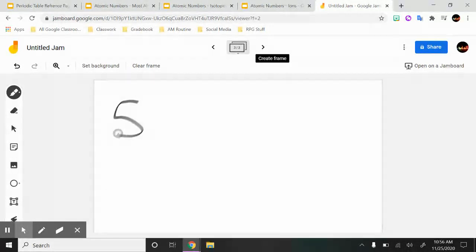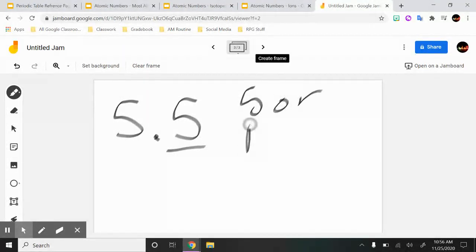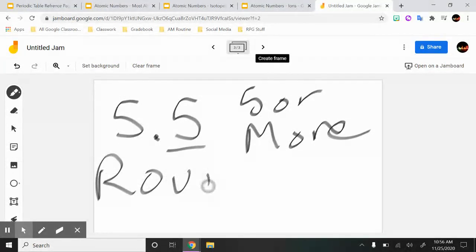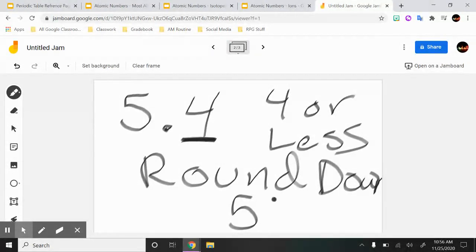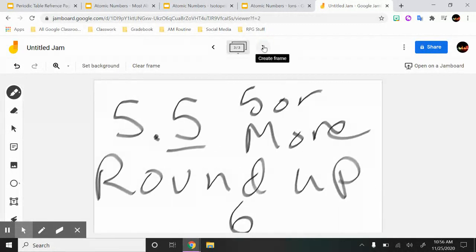But let's say you had 5.5. If your number after the decimal is 5 or more, you're going to round up. So if I round this up, I'm going to round it up to 6. Okay? So 0.4 or lower, we round down. 0.5 or higher, we round up.